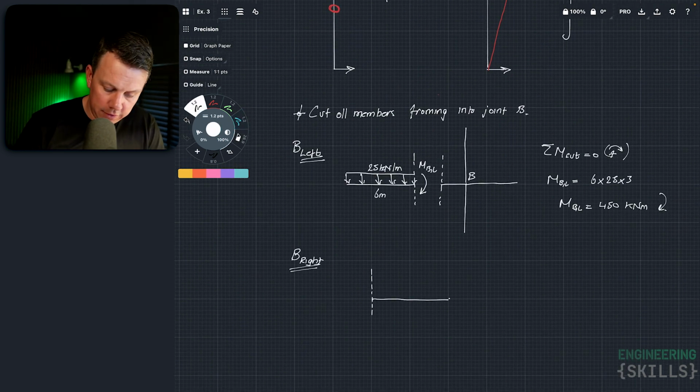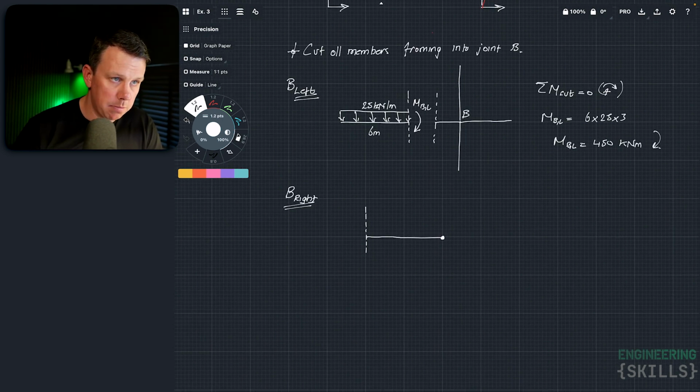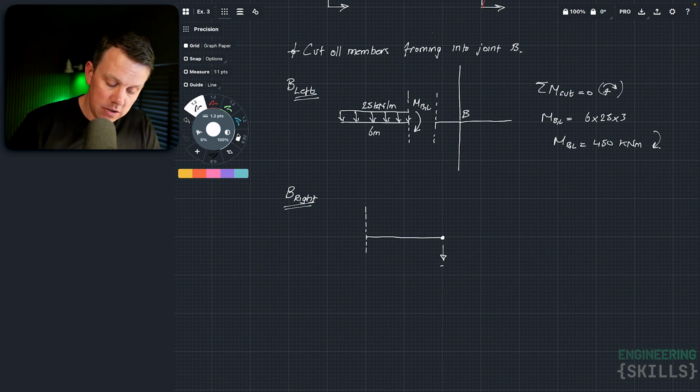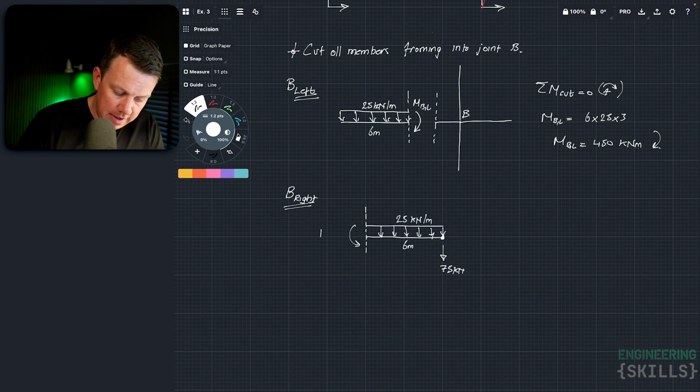So we're only cutting as far as the hinge, and then we'll just represent the force that passes through the hinge, because that force that passes through the hinge is essentially representing the influence of the structure to the right of that hinge. So we can replace that whole structure by just the force, its force effect, which is going to be 75 kilonewtons. Of course we have the UDL again, don't forget, and we have MBR revealed by the cut.